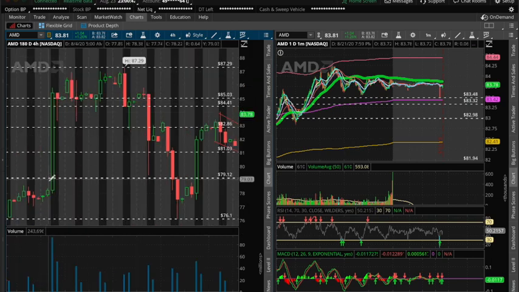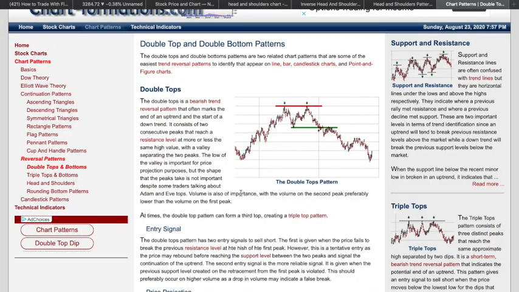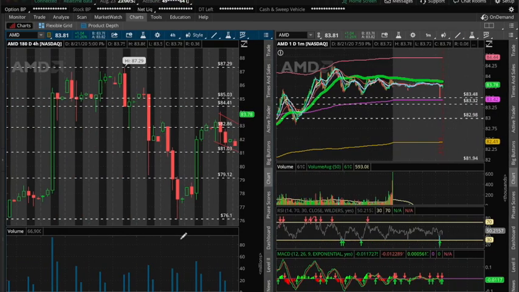So with that one, as I've shown, double top: up, down, up, down, up, down. So let me show you with the chart. Up, down, up, down, all the way down to here.